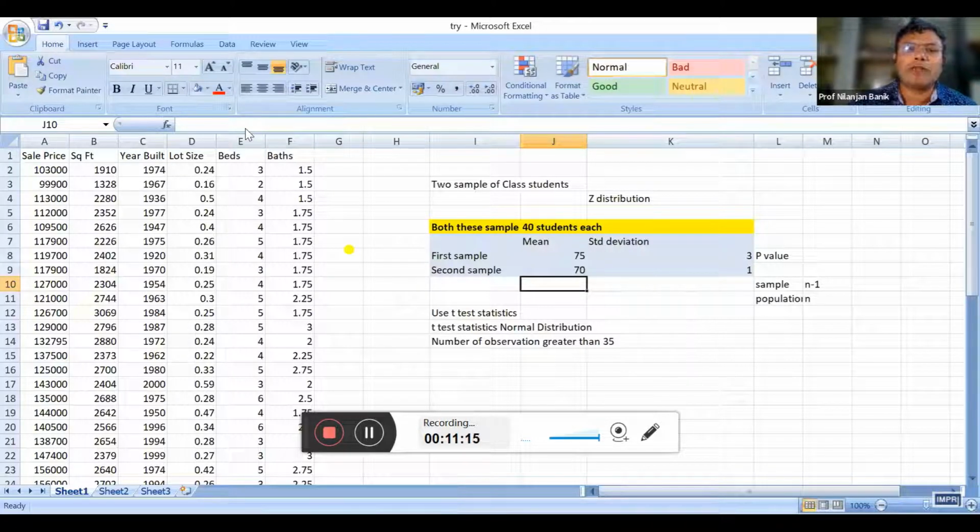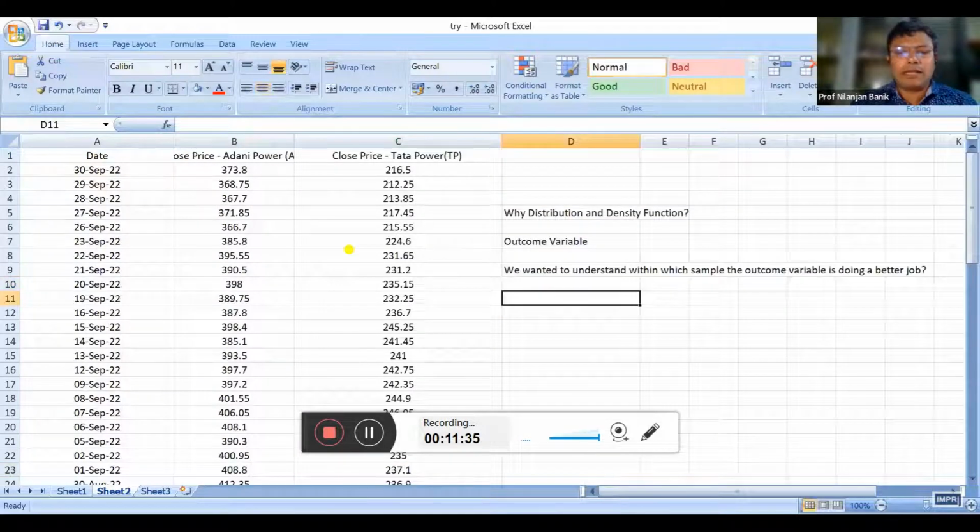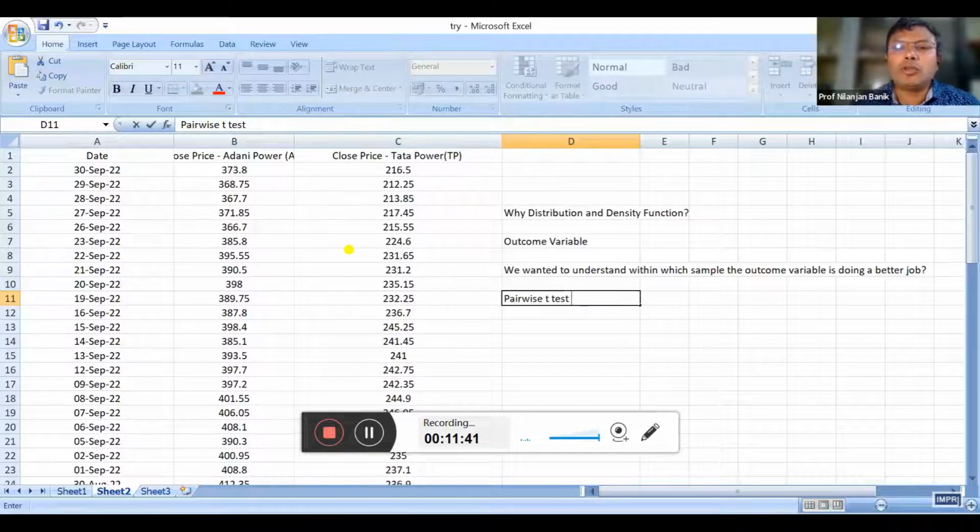For instance, what we are doing now, I don't care whether there are one or two outliers, but whether among all the participants, most of you are actually able to understand, and therefore a lower standard deviation. Okay, but thankfully there is something called the pairwise t-test, which allows us to understand which one of the samples is doing a better job.